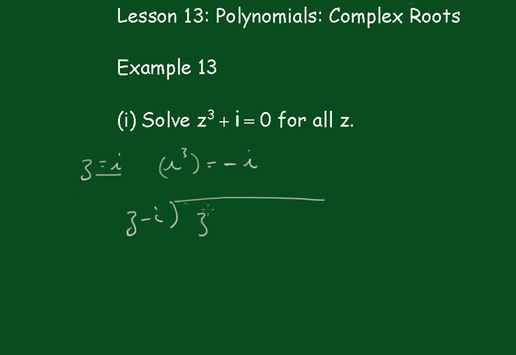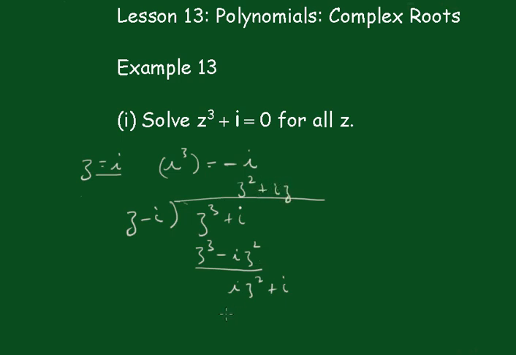into z cubed plus i, and now we'll have a z squared there, and a z cubed minus i z squared. Now I'll subtract that, it becomes i z squared, bring it down, plus i. Now I'll multiply that by i z.